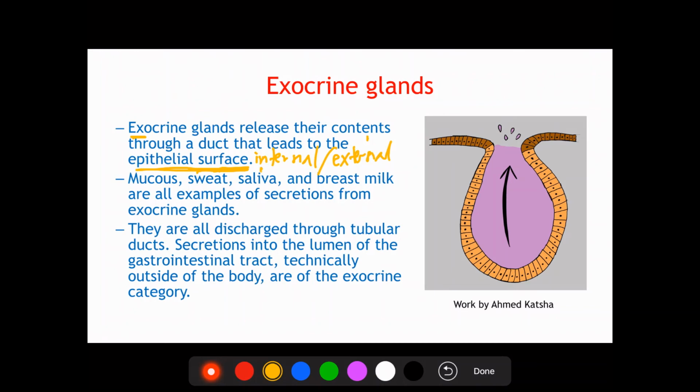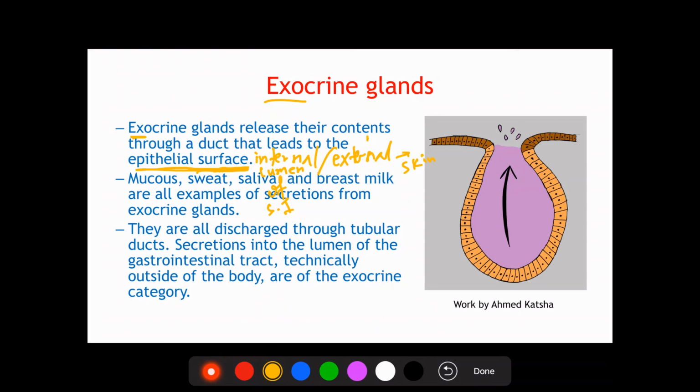Internal, like the lumen of the small intestine. External, to the skin. So whenever the cell is secreting its secretion to a surface, it's an exocrine gland.